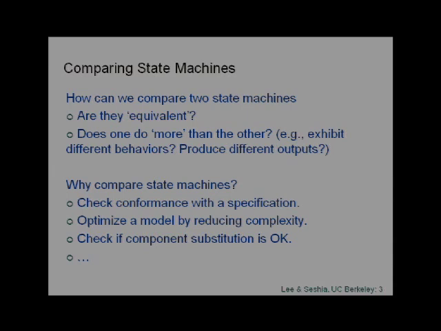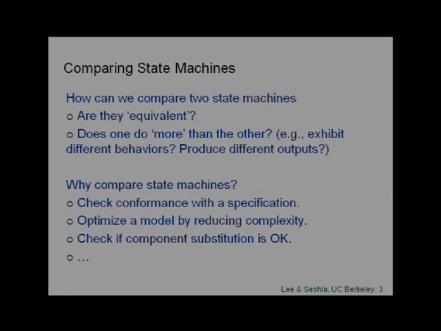And the question is, if I have the starting model and I have my optimized version, do they do the same thing, right? The definition of optimization is that it does the same functionality, but it does it faster. So you optimize performance, but you want to keep the correctness when you do that. Okay, so that's another question. If you optimize a model by reducing complexity in some sense, then what is the relation between the new version and the previous version you started with? Okay, so let's take an example to think about all of these things.